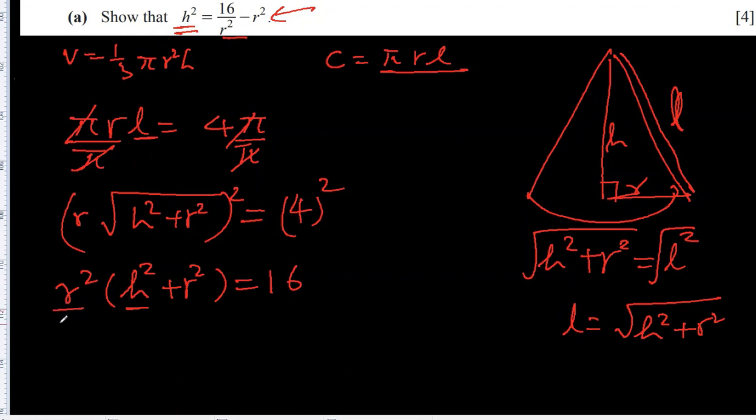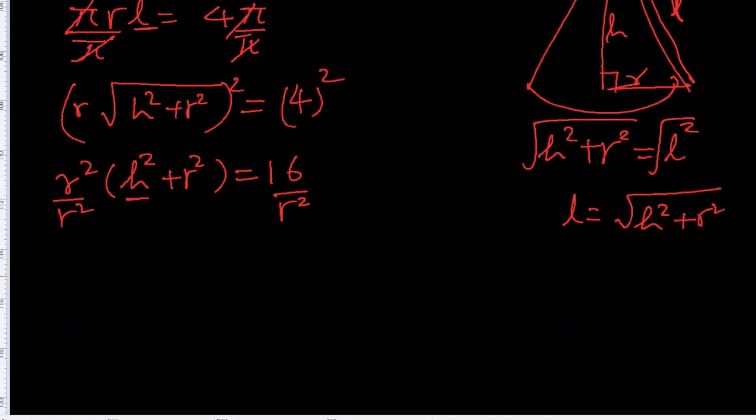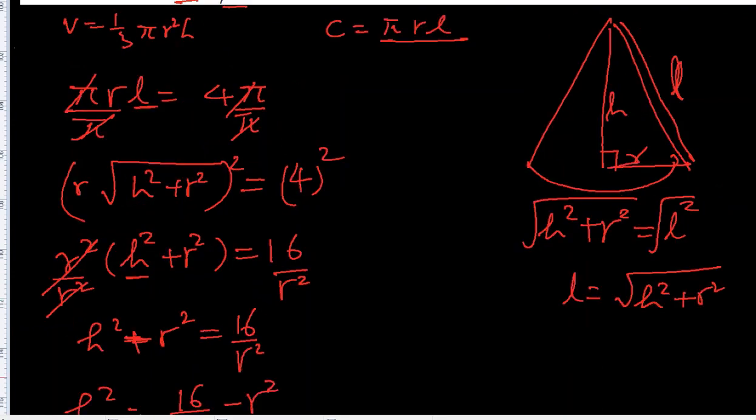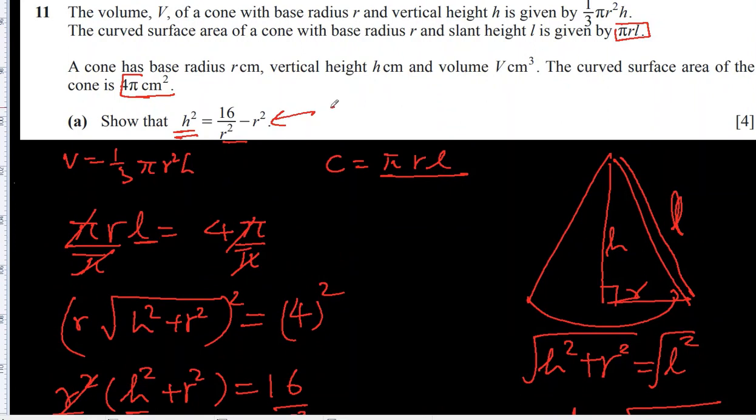So let's remove this r square first by using BODMAS, right? We remove the one which is multiplying first. Gone. h square plus r square equal to 16 over r square. And now we will isolate h square, which is 16 over r square minus r square. And I think that is the one they wanted us to show.